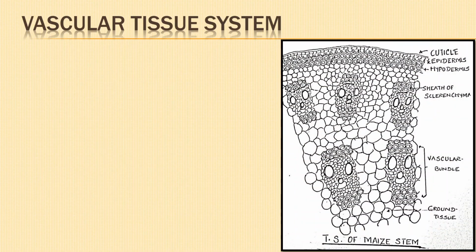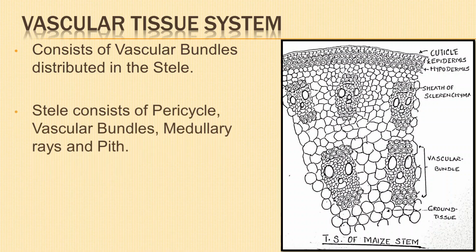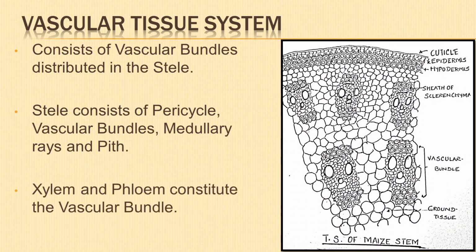Next, let us understand the vascular tissue system. The vascular tissue system consists of vascular bundles distributed in the stele. The stele consists of pericycle, vascular bundles, medullary rays, and pith. The vascular tissue system is made up of complex tissues, xylem and phloem, which constitute the vascular bundle.